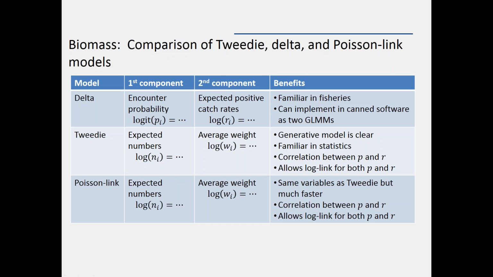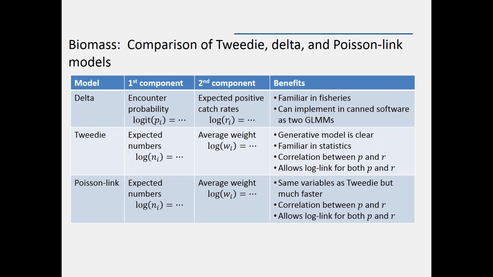The Tweedie has a log link predictor for numbers density and a log link predictor for average weight for each individual. And then the Poisson-link, you also set up the same way as the Tweedie, where it's got a log link prediction for numbers density and a log link prediction for average weight.